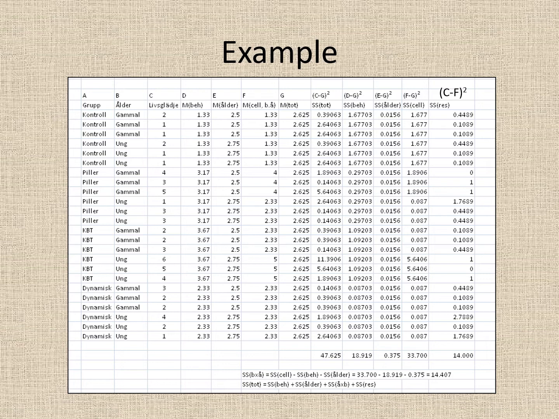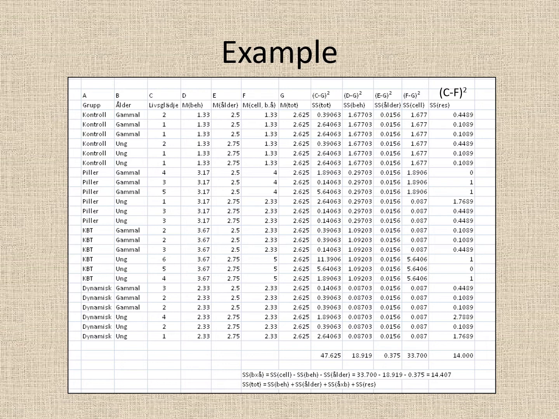So the first three persons are old patients in the control group. They have 1.33. That's the cell mean. The same cell mean we have for the young ones in the control group.